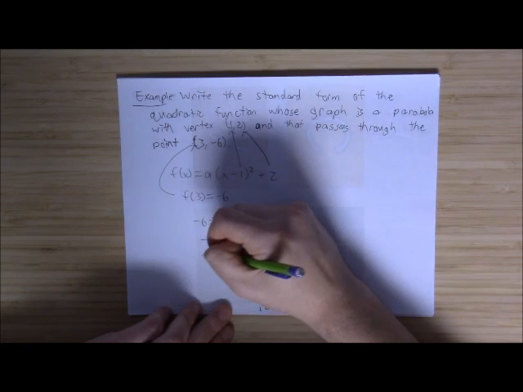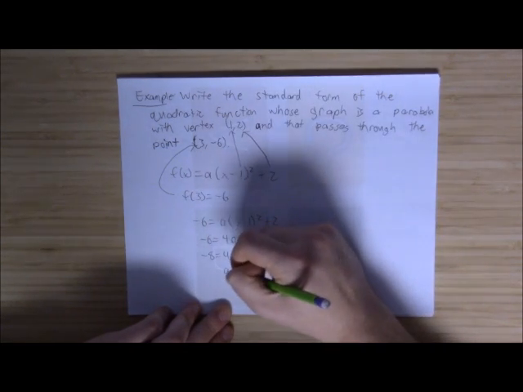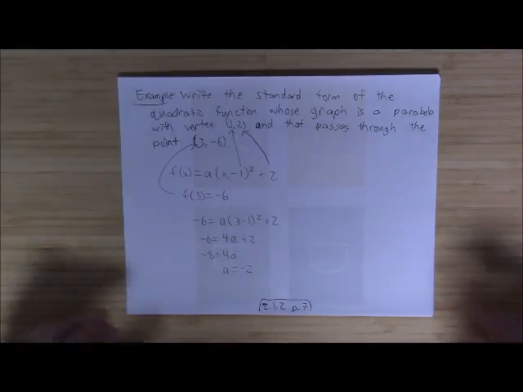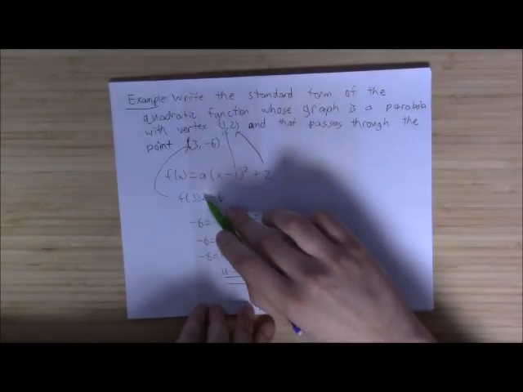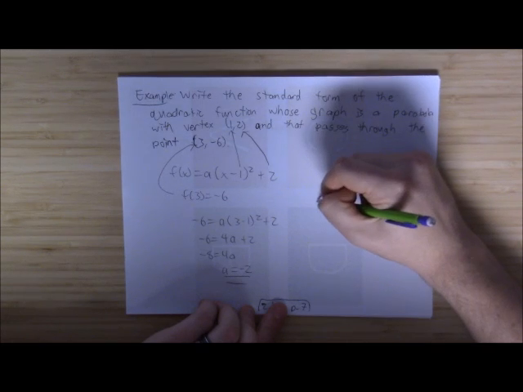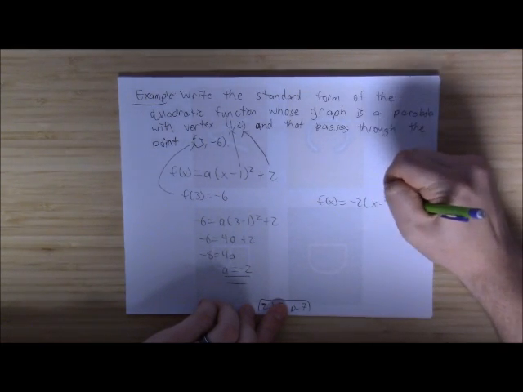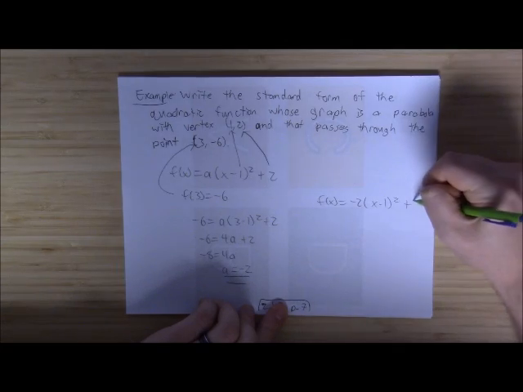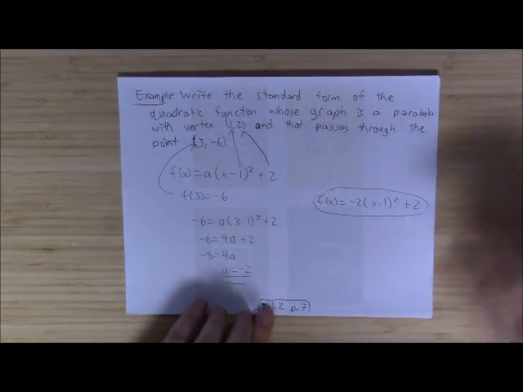Subtract 2 from both sides, you get negative 8 equals 4a. So a, dividing both sides by 4, is negative 2. In other words, the final solution should be f of x equals negative 2 times x minus 1 squared plus 2. And that would be the standard form.